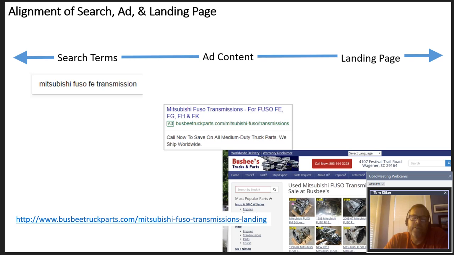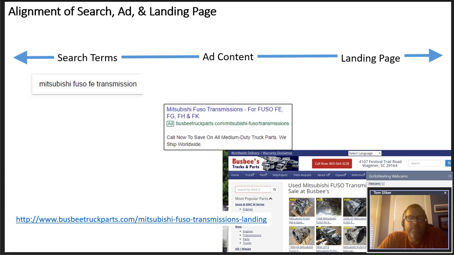All right, so here's an example where I want to try to explain to you how important it is for Google that your Google AdWords are really finely tuned. In this particular case, if we're looking at a specific search term like Mitsubishi Fuso FE transmission, you'll notice that our advertisement says Mitsubishi Fuso transmissions for Fuso FE, FG, FH, and FK.